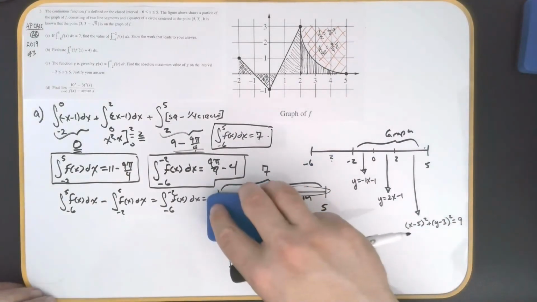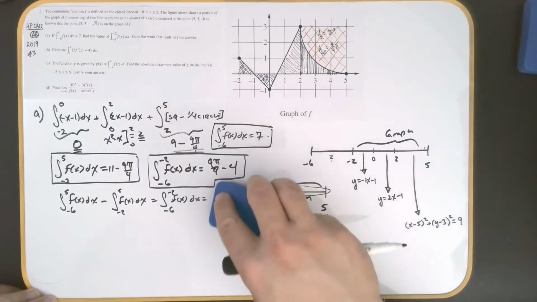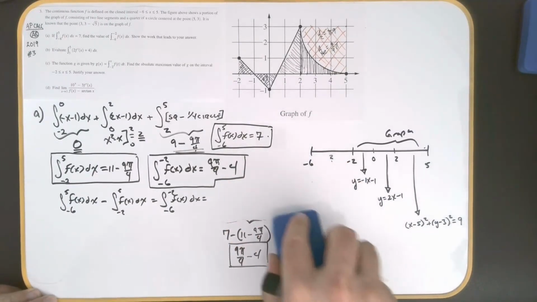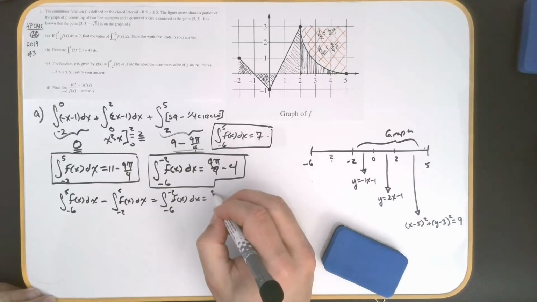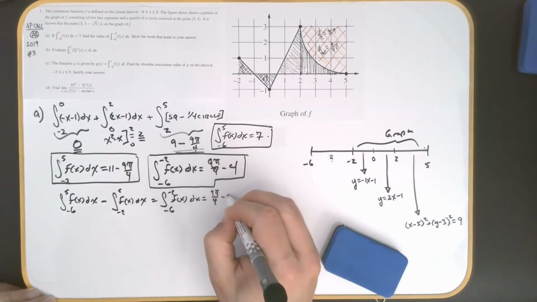So now I'm going to take this out of the way. And I'll put that there again. So 9 pi fourths minus 4.